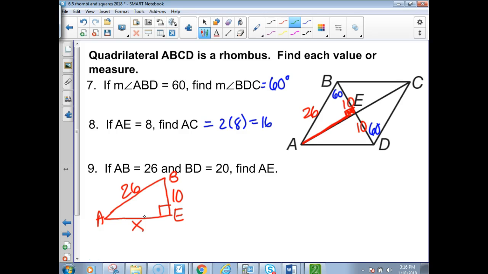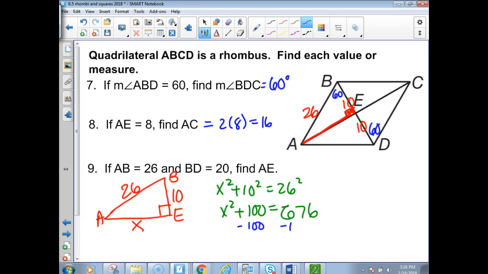X squared plus 10 squared equals 26 squared. Leg squared plus leg squared equals hypotenuse squared. 10 squared is 100. 26 squared is 676. I just have it memorized. Subtract 100. Now I know you guys can push the buttons on the calculator.